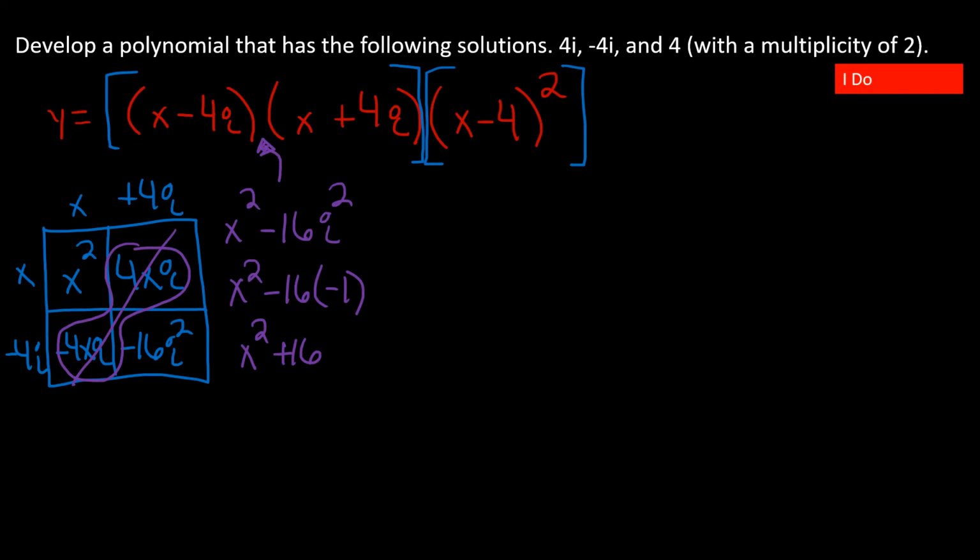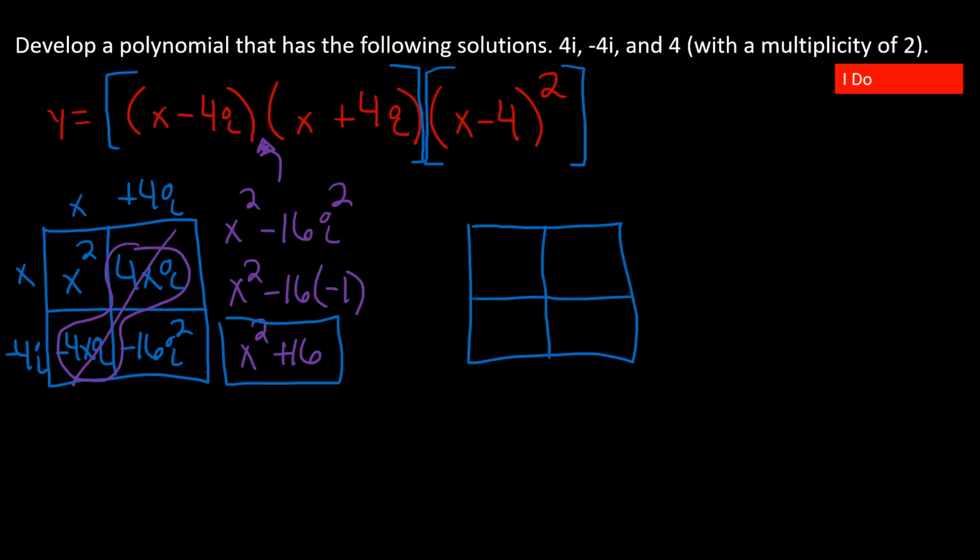The next part that we need to do, okay, and let's go ahead and just box this so we know where it's at, because we're going to use this in just a little bit, is using the tabular method to multiply x minus 4 with x minus 4. x times x is x squared, x times negative 4 is negative 4x, x times negative 4 is negative 4x, and negative 4 times negative 4 is positive 16.